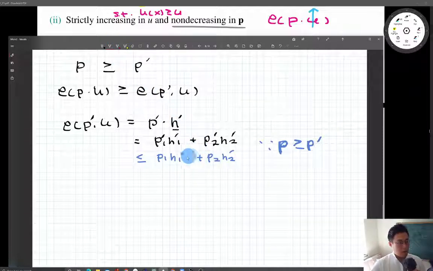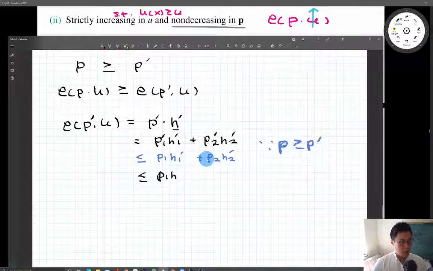And H prime is the Hicksian demand when the price vector is P prime. So there's some bundle, the most efficient way to minimize the expenditure when the price vector is P prime. That is not necessarily equal to the cost minimizing bundle when the price vector is given by P.